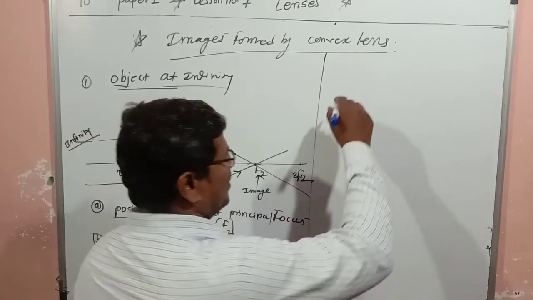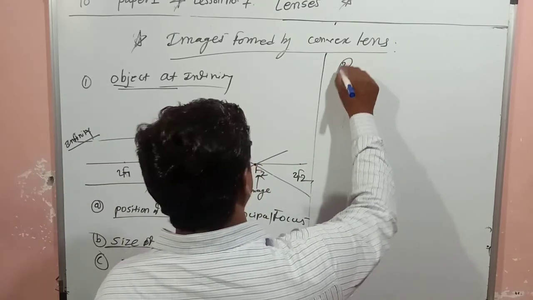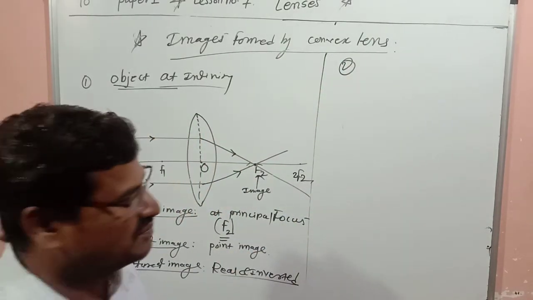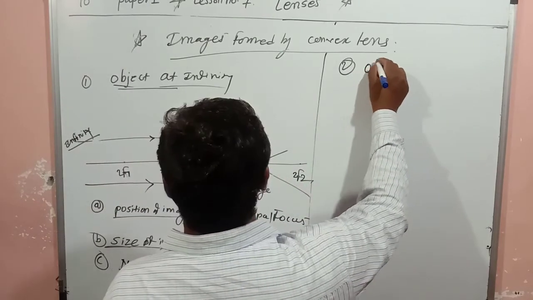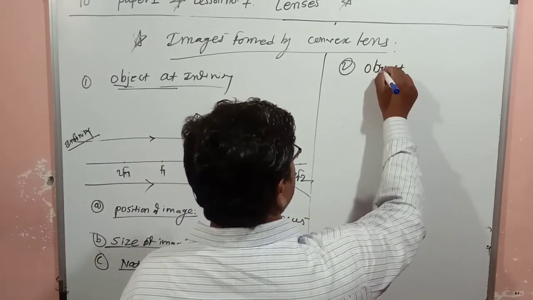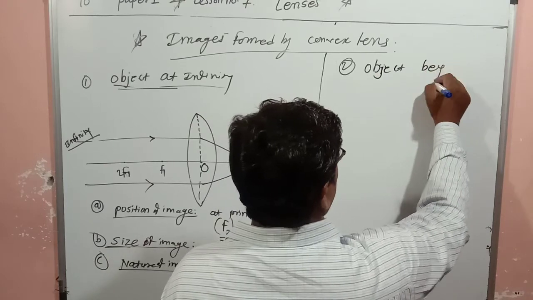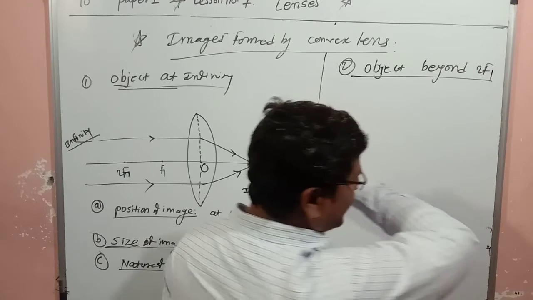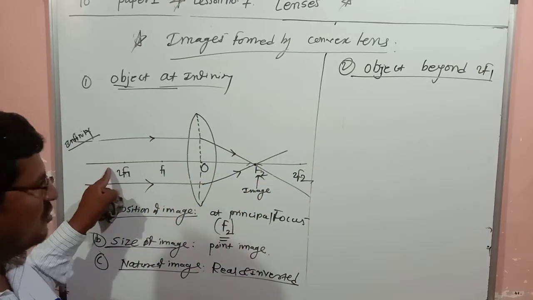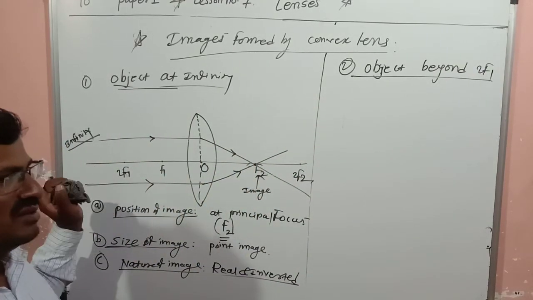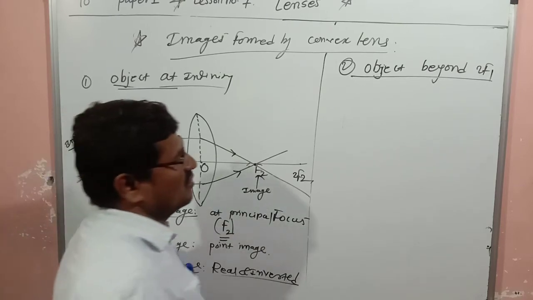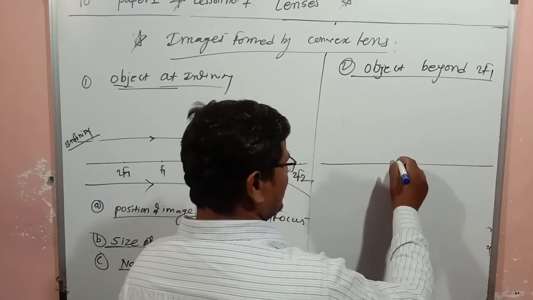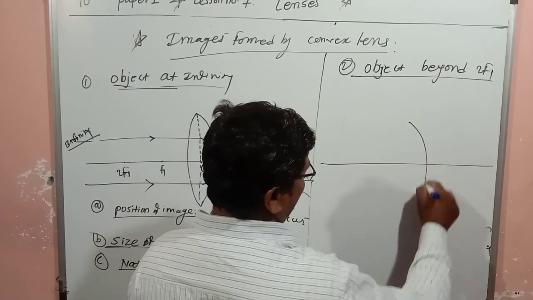Another thing, the second position we are going to take: the object beyond 2f1. Where do you have to keep the object now? Beyond 2f1, between infinity and 2f1. So first, you take some distance and make the first arc.